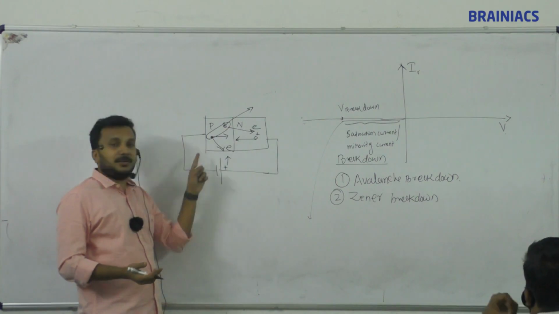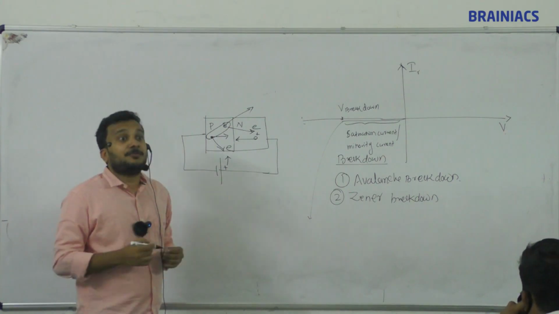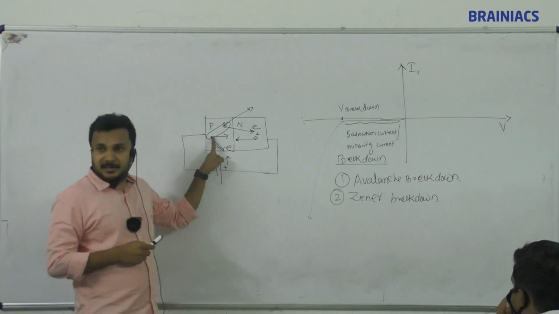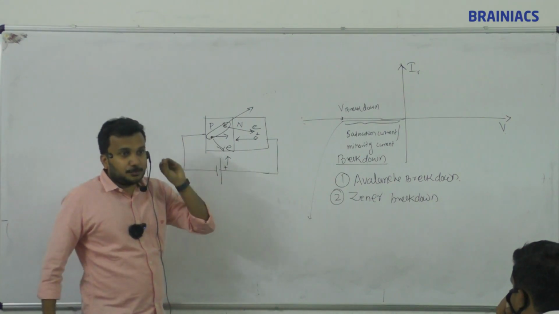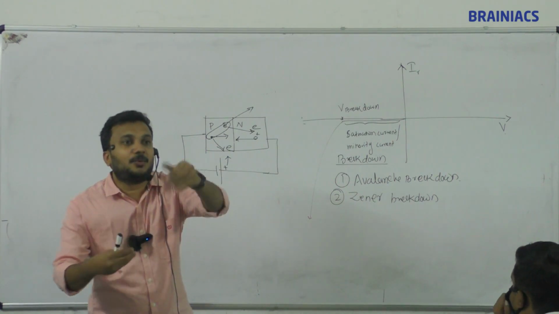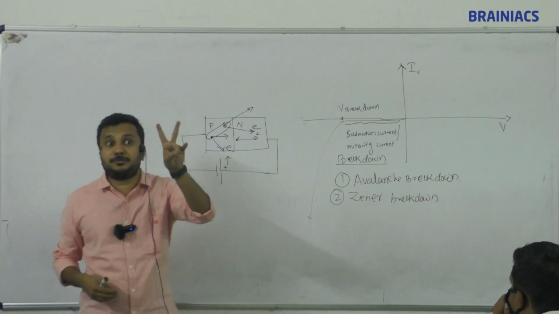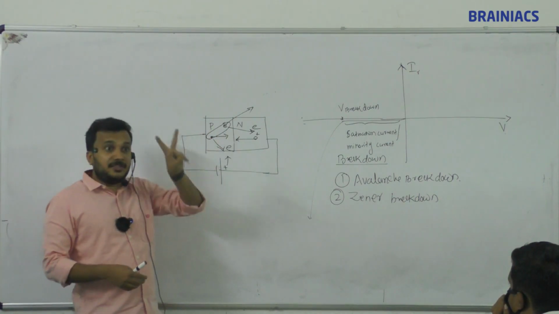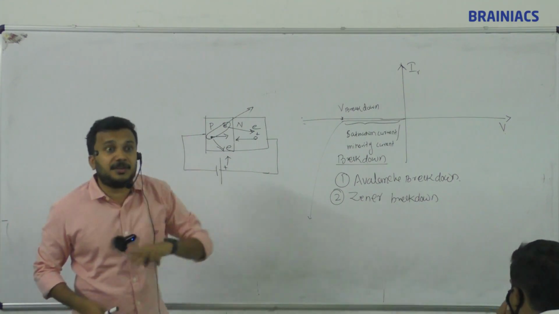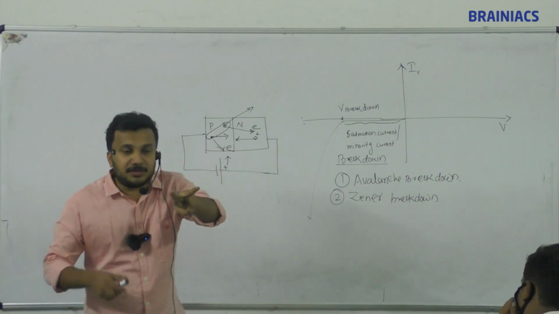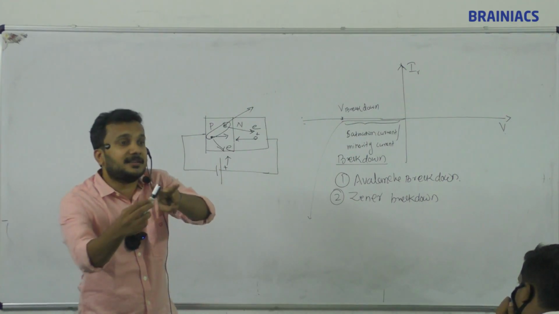So in total, how many free electrons are there now? Four electrons. Here we have one electron, moving very fast and hitting another silicon atom, so one more electron comes. Now there are two free electrons, the previous one and the new one. I am giving a very high voltage, so these two travel and hit two other silicon atoms.